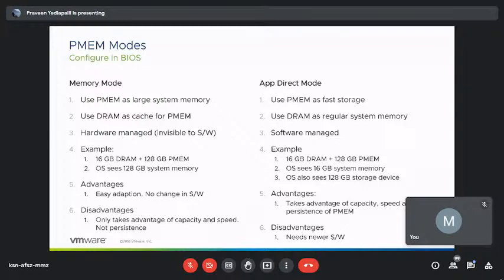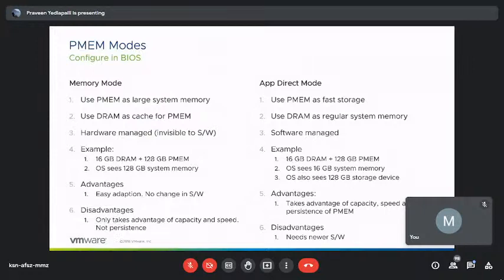With the same example, let's say a system has 16 GB DRAM and 128 GB PMM. If you configure app direct mode, the OS sees 16 GB as system memory. The OS also sees 128 GB as a storage device. It looks like a new hard disk.